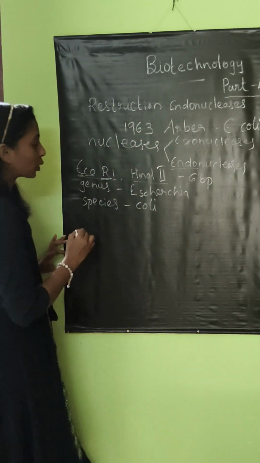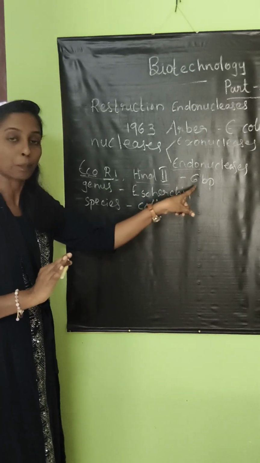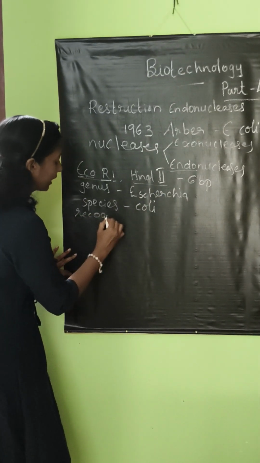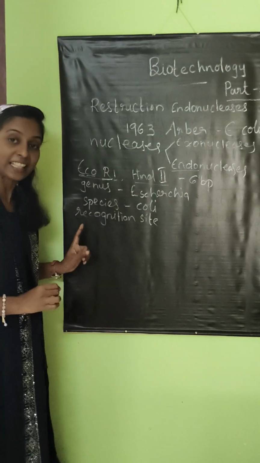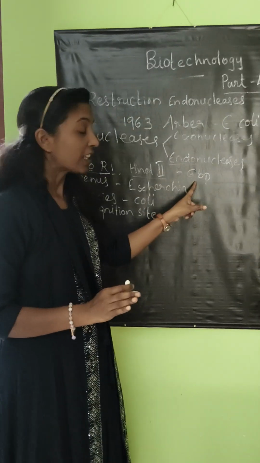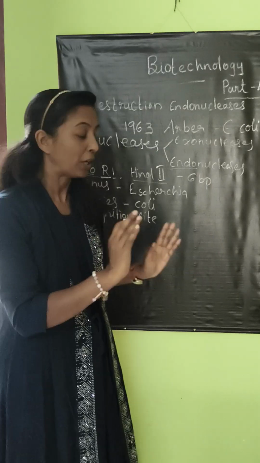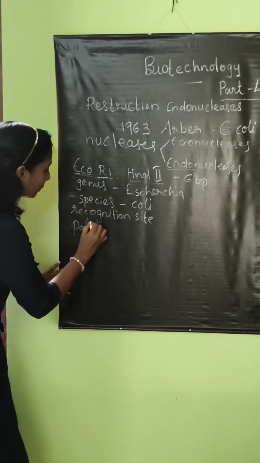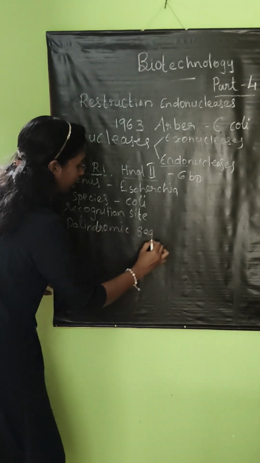That sequence is called the recognition site. Read forward and backward, it will be the same. Those sequences are also called palindromic sequences.